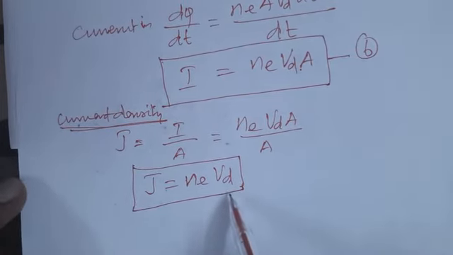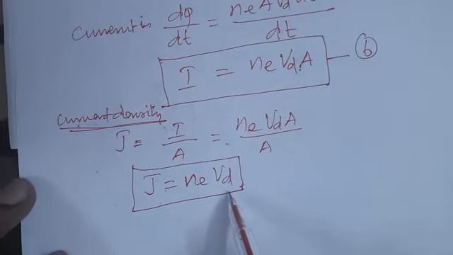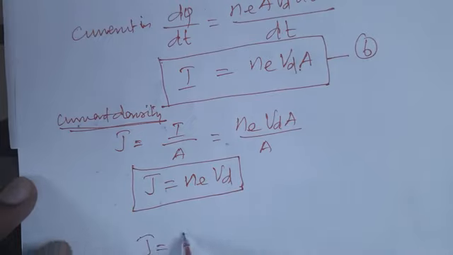We already arrived at the value of Vd. Substituting the value of Vd, J becomes n e into minus eE tau by m.